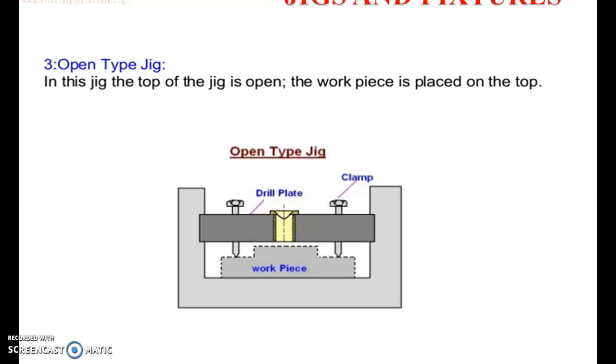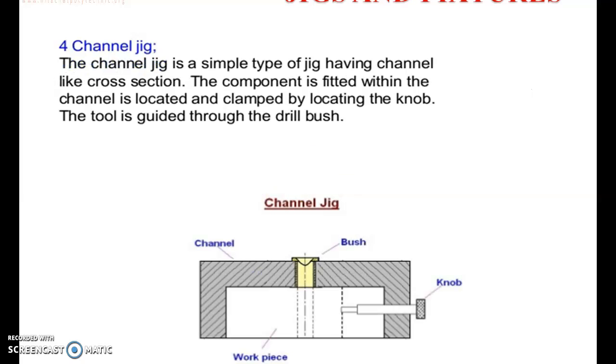The work is located by the bottom and is clamped by a set of screws. You can see these are the two screws we are using, and finally the tool, that means the drill, is guided through this bush. So this is all about your lip jig, or you can say open type of jig.